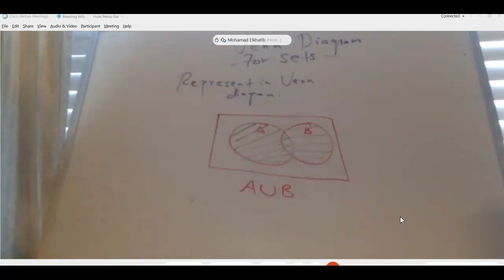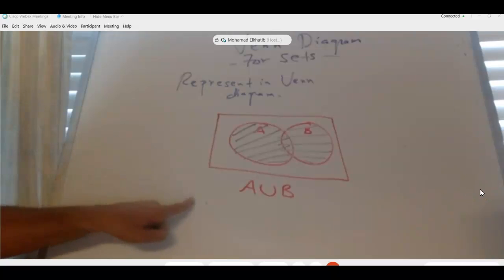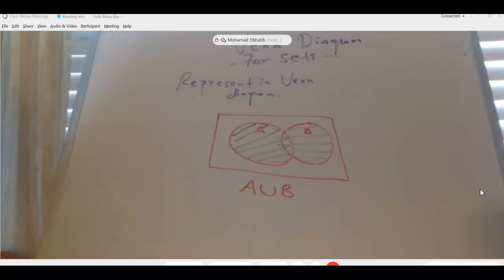That's it. Union means put them all together, so the shaded part is the solution in a Venn diagram for A union B. Are we good? So when we say A union B, we shade the A plus B circles, because union means put all the elements together.